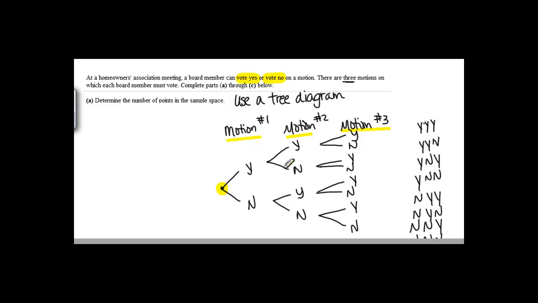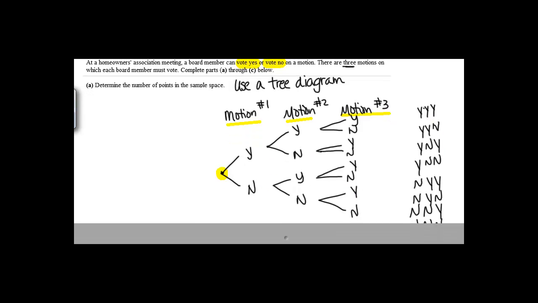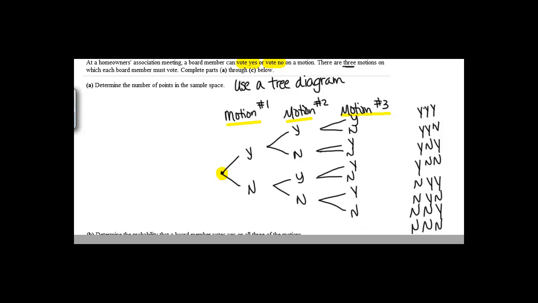So as we follow the branches of the tree, we've got some different answers in our sample space here, so different outcomes. If we follow the branches, the first outcome would be that a member would vote yes, yes, yes.